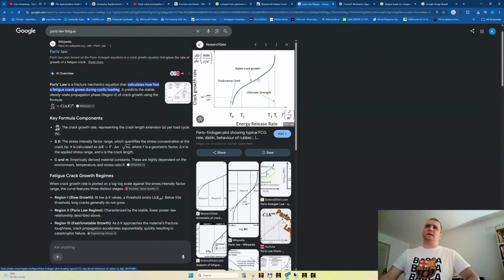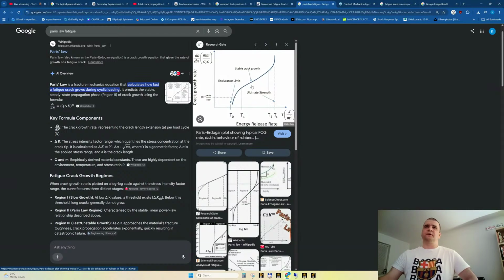We're studying the stable crack growth, which is predictable and linear. We don't go before where the crack was, let's say, provoked or created, and we don't go after the linear side because we don't know the distance until the failure.